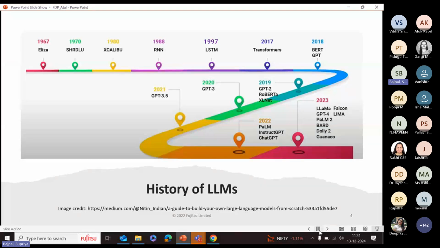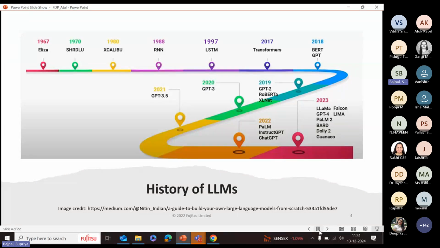Jumping ahead, between 1988 and 2000, we got RNNs, recurrent neural networks. These were a very big leap because they could process sequences of data like sentences by remembering some context, the history of whatever is said. They remember it, and then depending on that, they generate the text.